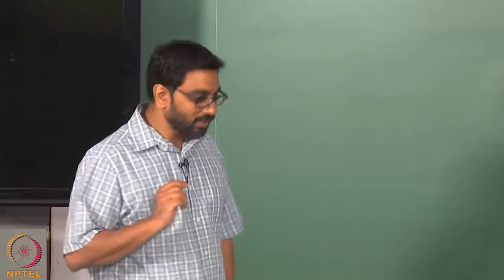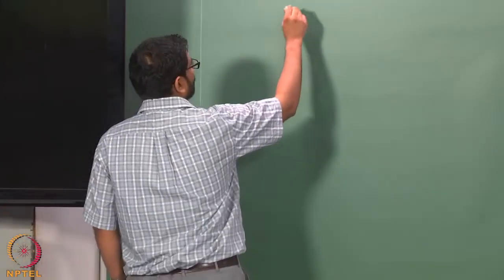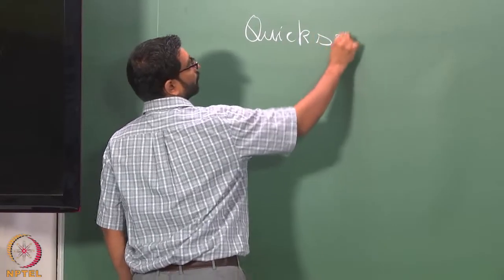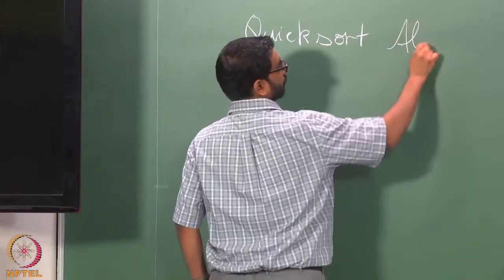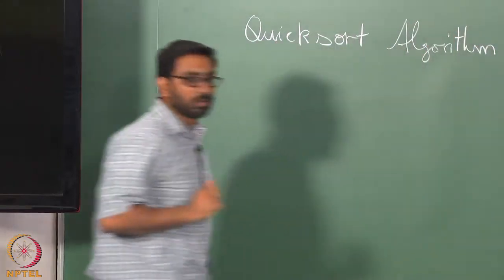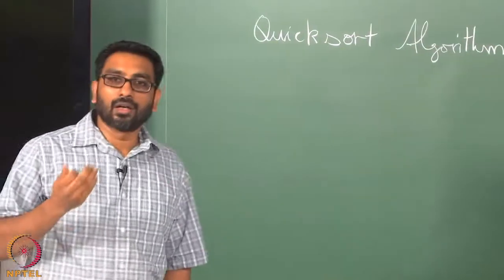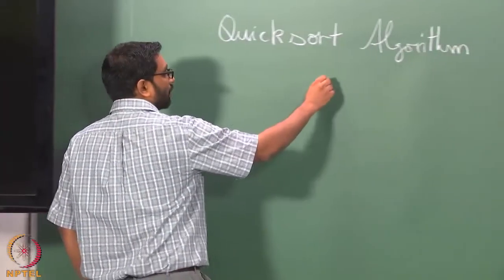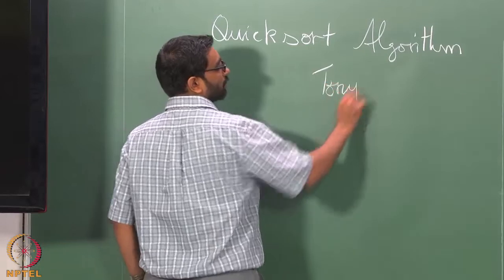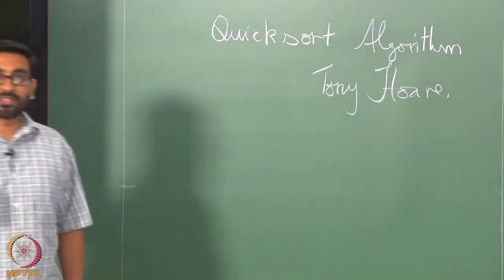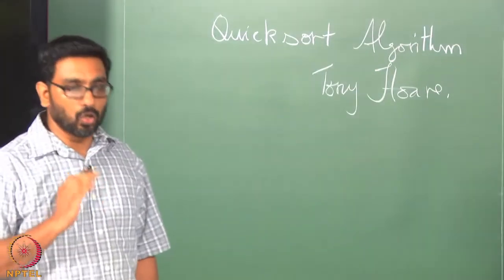But let's remind ourselves what we are talking about. We are talking about the quicksort algorithm, and this was an algorithm invented in the 60s by Tony Hoare, and it's turned out to be extremely good.